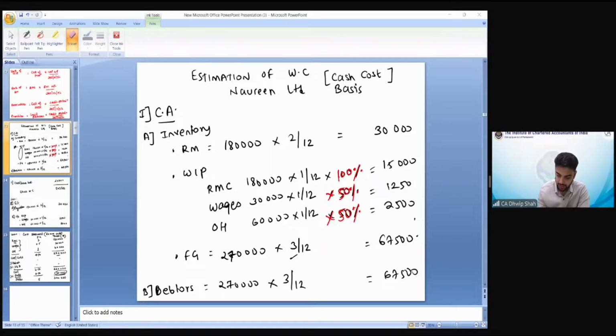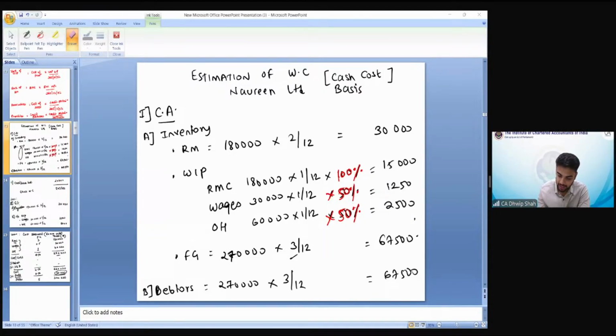If we have sundry debtors worth 1 lakh, and the cost of sales of that 1 lakh is 75,000, the actual amount of funds blocked on sundry debtors is 75,000 only. Why? Because 25,000 is the profit, and profit is not the amount blocked. Are you getting this?